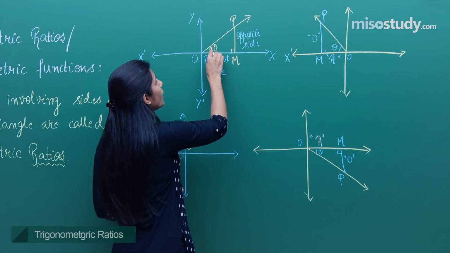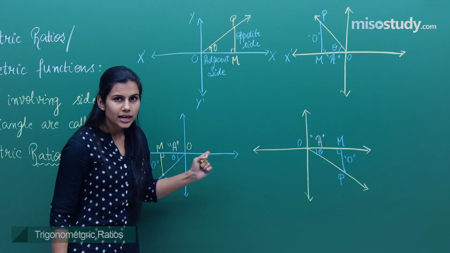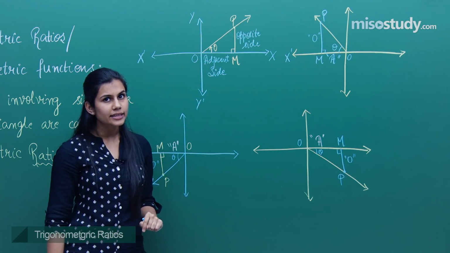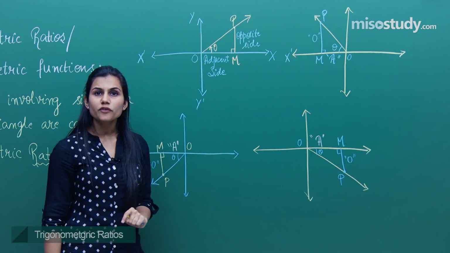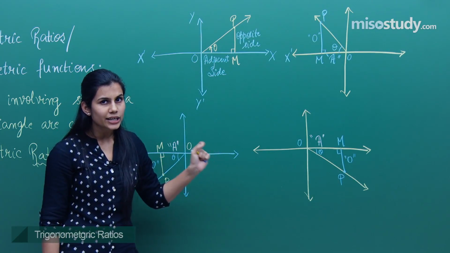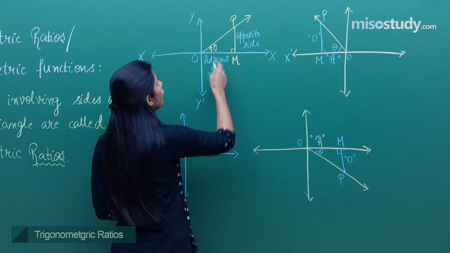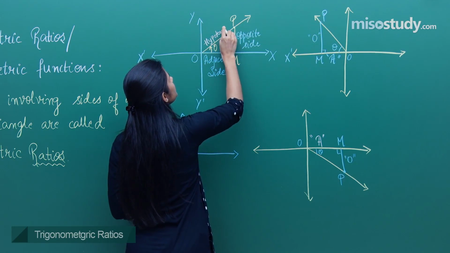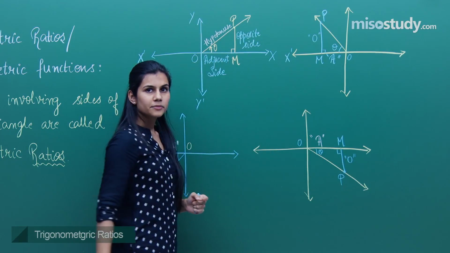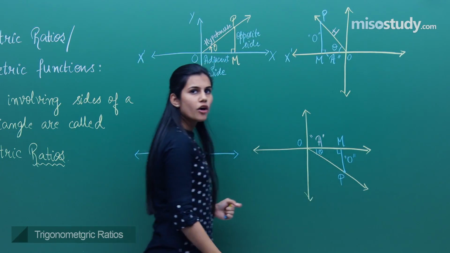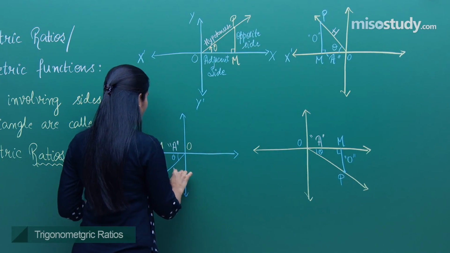Next is the third side. That means with respect to the angle theta, we have made one side the opposite side of angle theta, one the adjacent side of the angle theta, and the third one is the largest side of this triangle. You all know what it is called. It is called the hypotenuse. This is the name of the largest side of this right triangle.